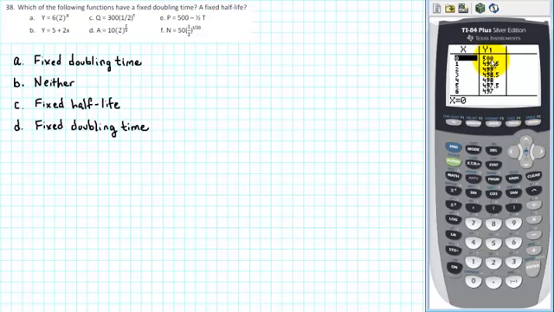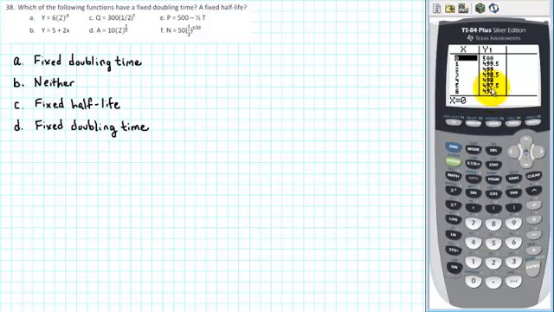Notice that this time the initial quantity is 500 and that the y values are decreasing. So we want to check and see, does this function have a fixed half-life? Well, half of 500 is 250, so we want to scroll through the table until the y value is 250.